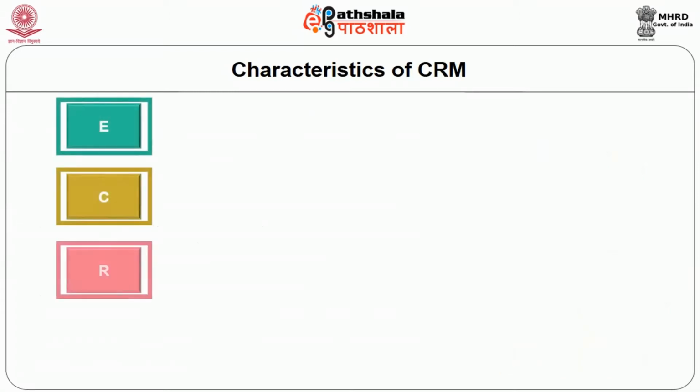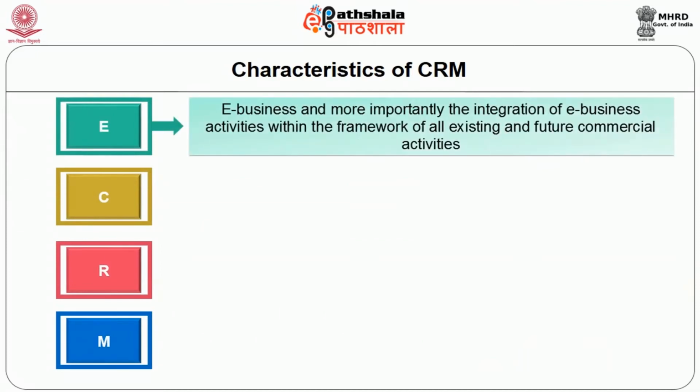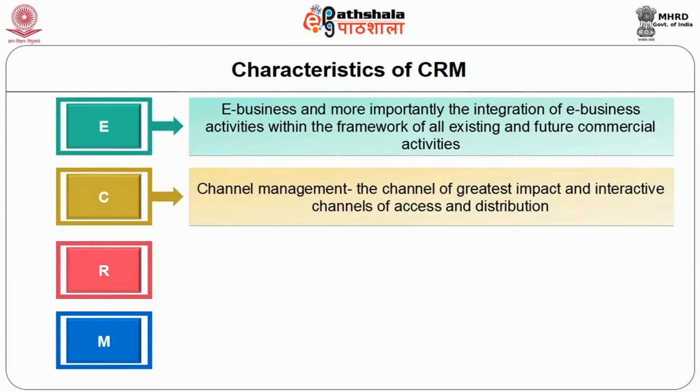Now we will see what this ECRM is. E refers to e-business, and more importantly the integration of e-business activities within the framework of all existing and also forecast future commercial activities of the food service operation. C refers to channel management, the channel of greatest impact and interactive channels of access and distribution, where we have different forms of channelizing and distribution.